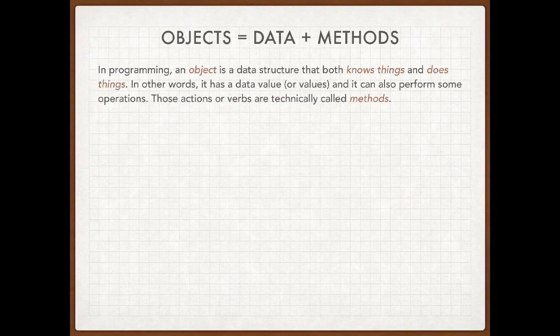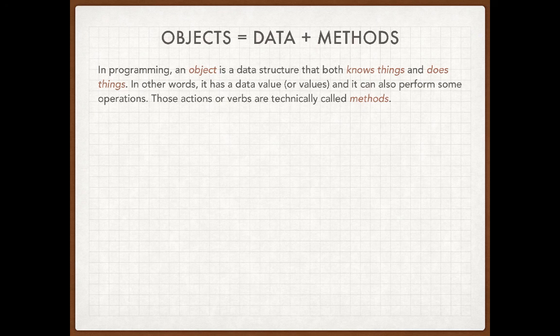Now, if you've ever done any object-oriented programming before, this is going to make some sense. You know what an object is. An object, in computer programming terms, is a data structure that both knows things and does things. So it has behaviors, it has actions. It doesn't just reflect back to us what we put into a bucket or a list, but we can actually tell the list or the bucket to do certain kinds of things.